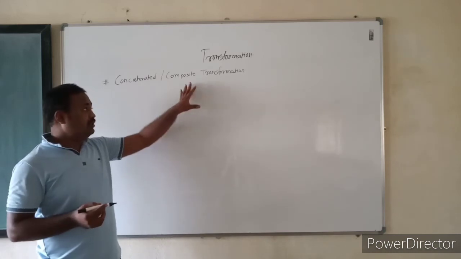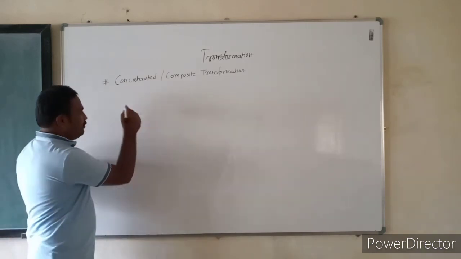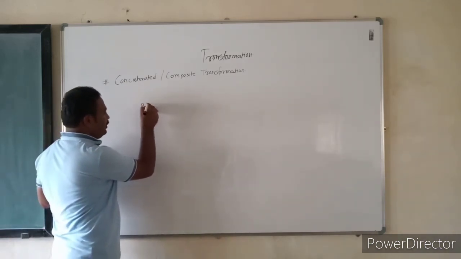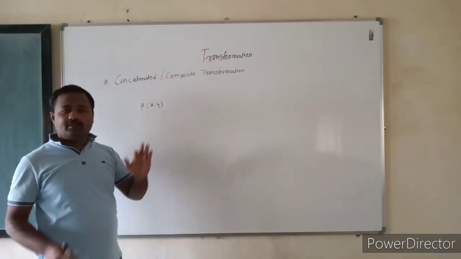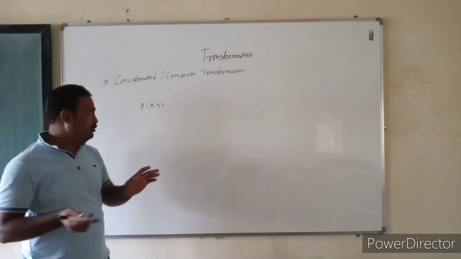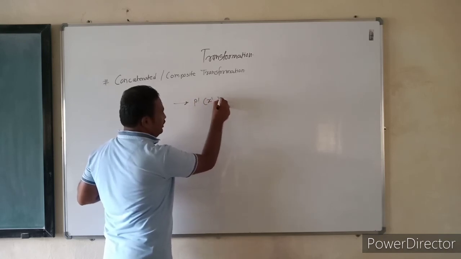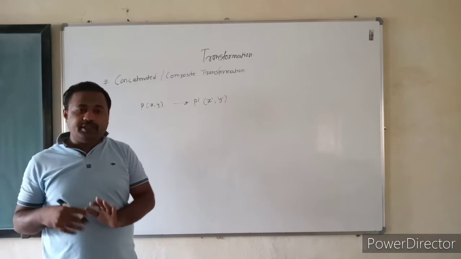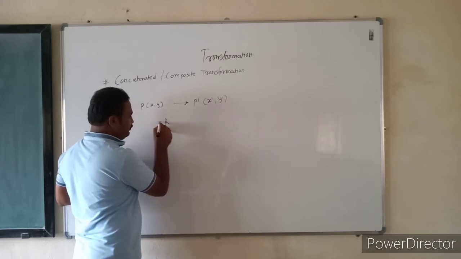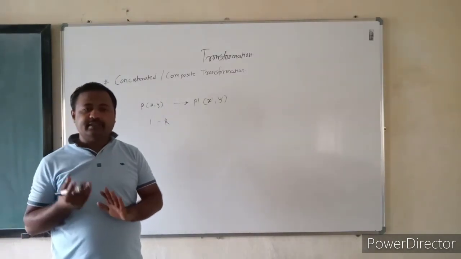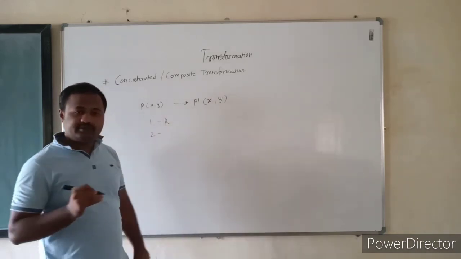For this, we take one example. Consider a point P(x, y). P's coordinates are x and y, to be transformed to the new position P dash, (x dash, y dash), first by rotation and second by scaling.